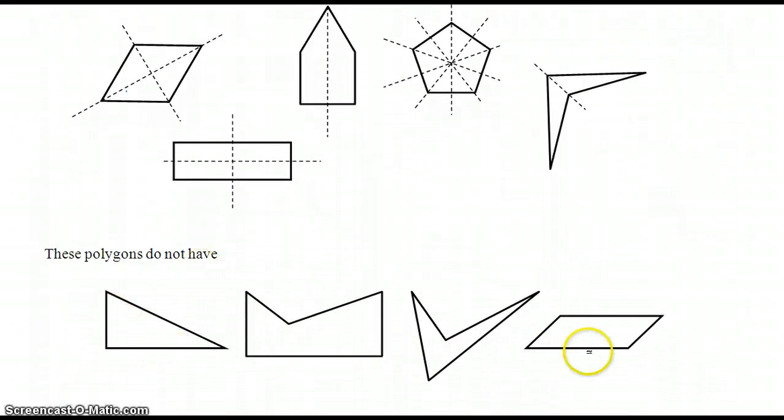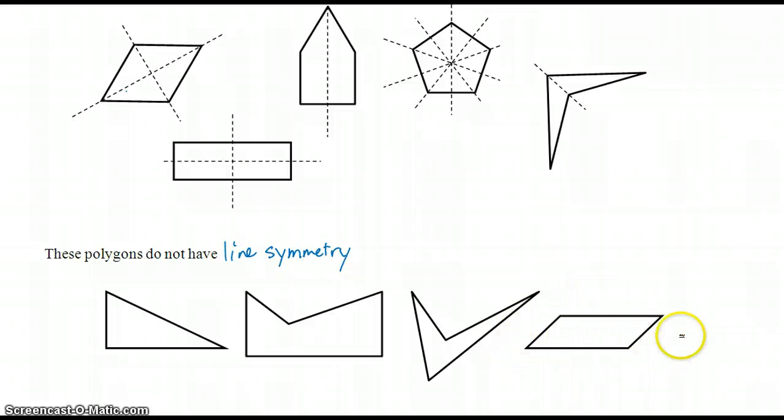These polygons do not have line symmetry. We don't have a name for polygons that don't have line symmetry. They're just not symmetric.